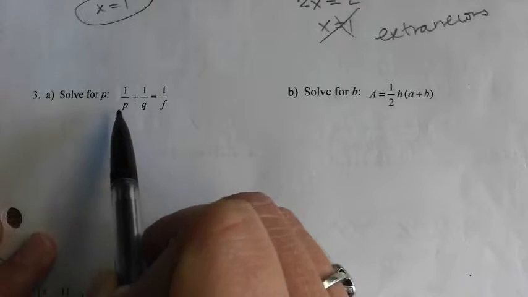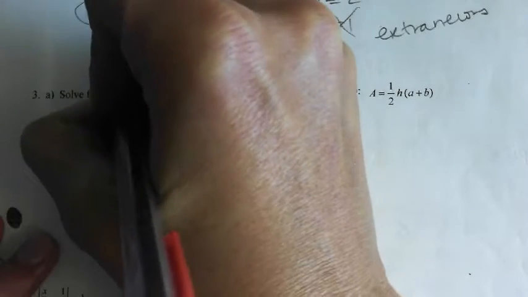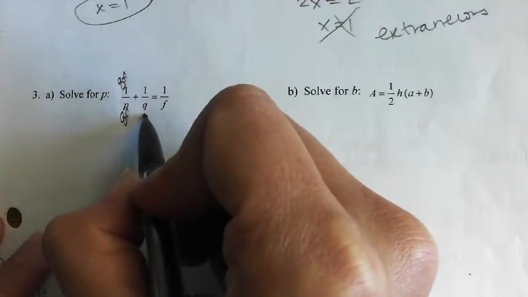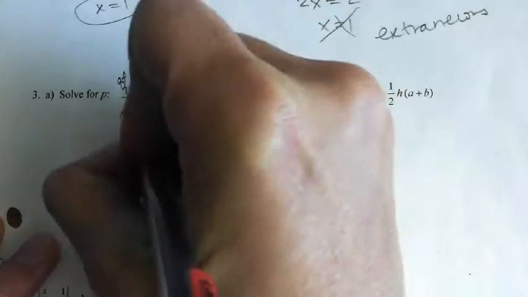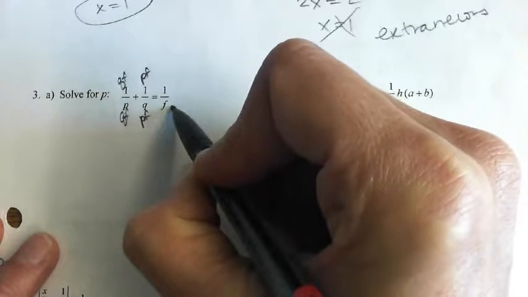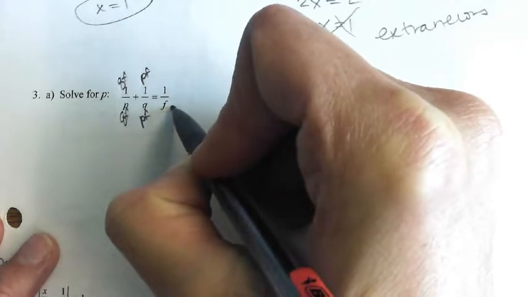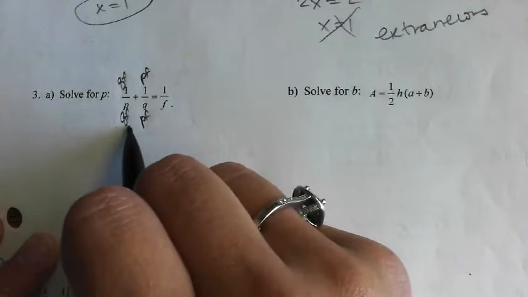So, Allie, what does this denominator need? QF. And this one, Mike? PF. Good. And this one, Ryan? This denominator is PQF.